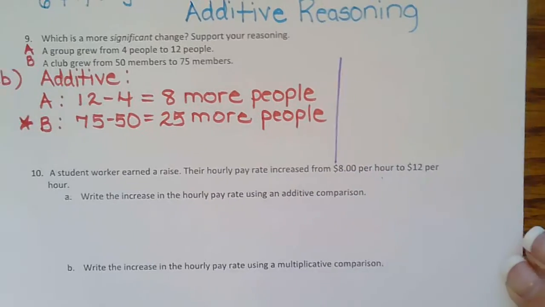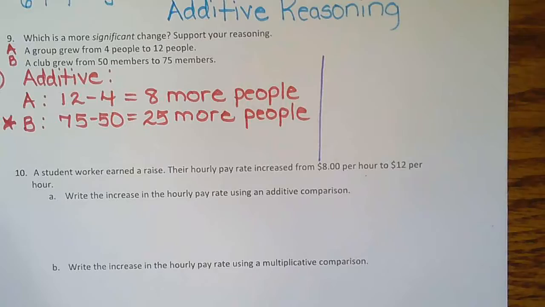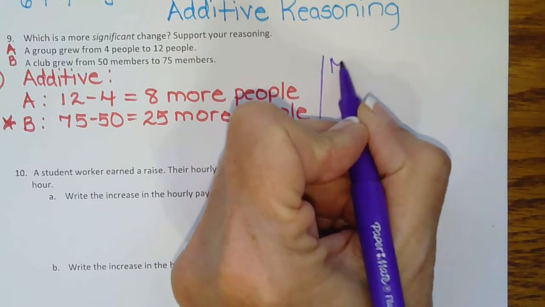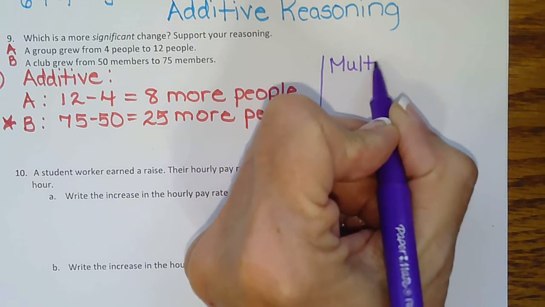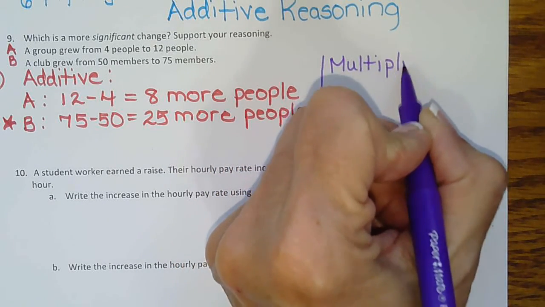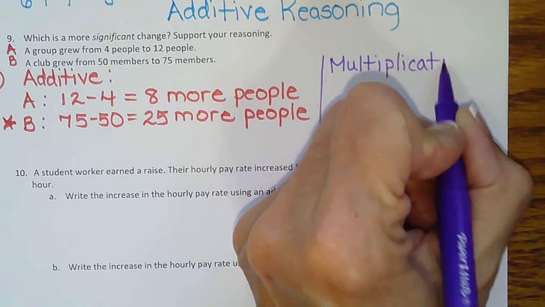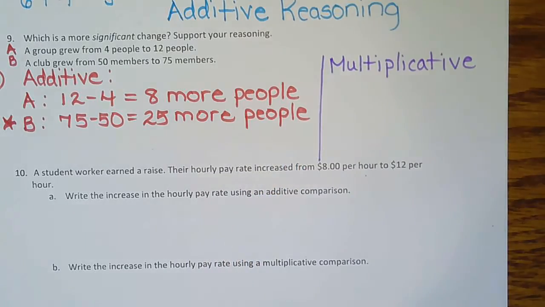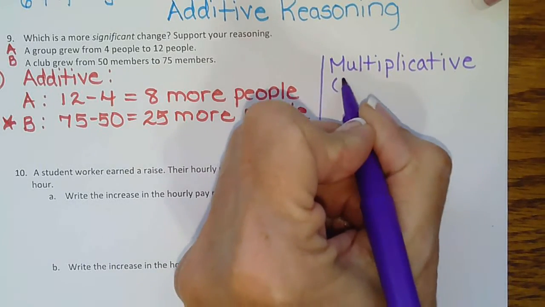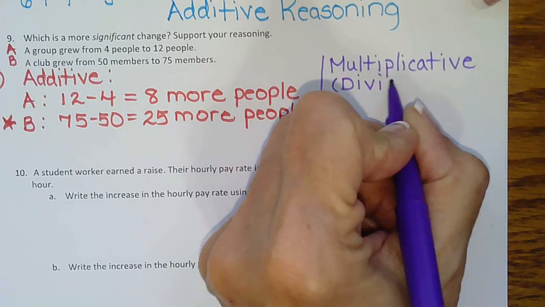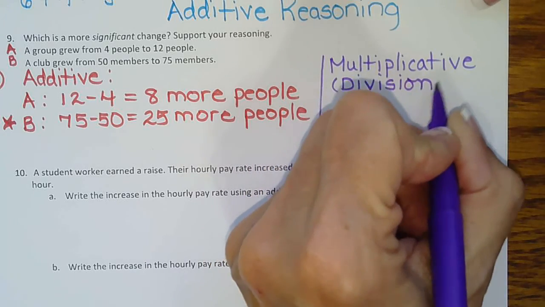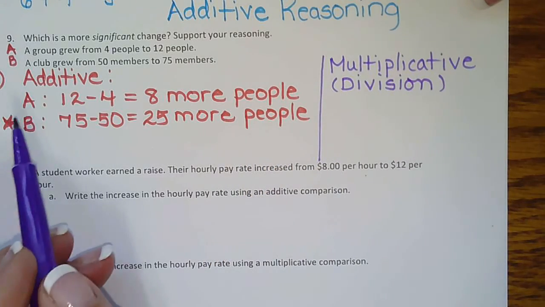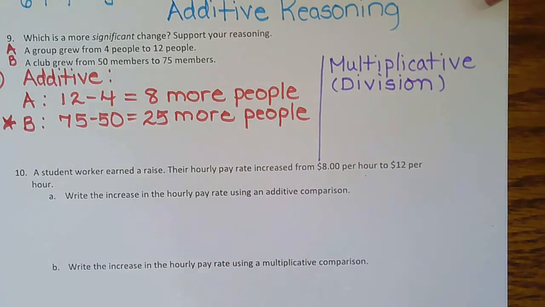So let's go over here and use multiplicative. You might want to write yourself a reminder that multiplicative uses division. And remember, when we do multiplicative, we keep it in the same order.